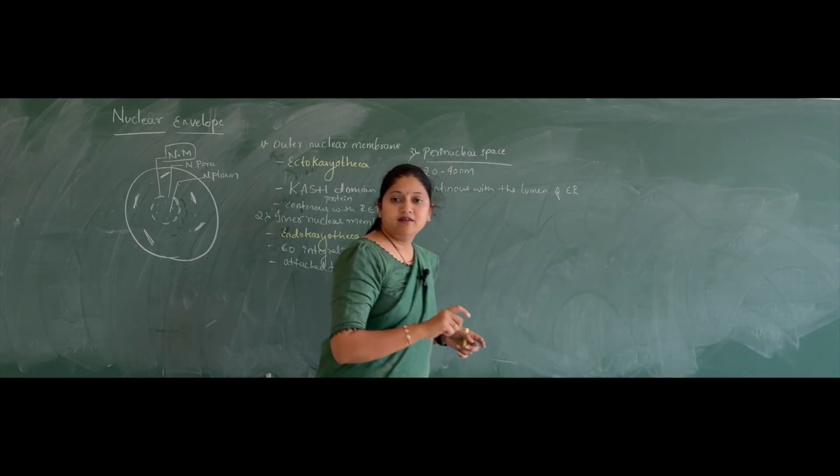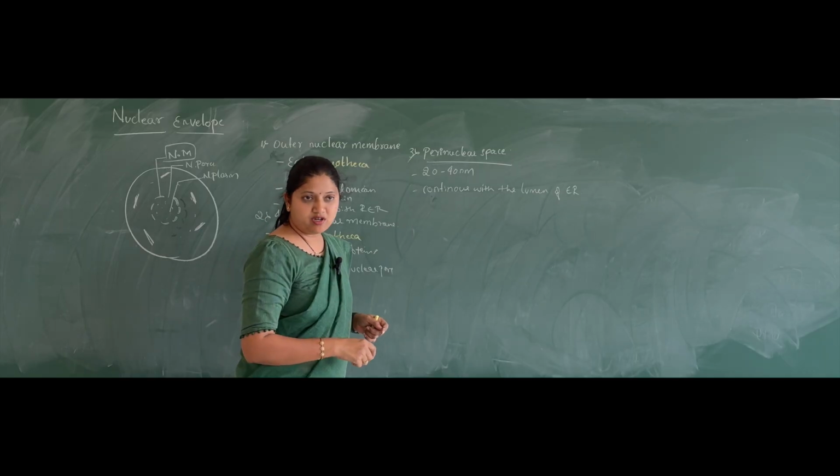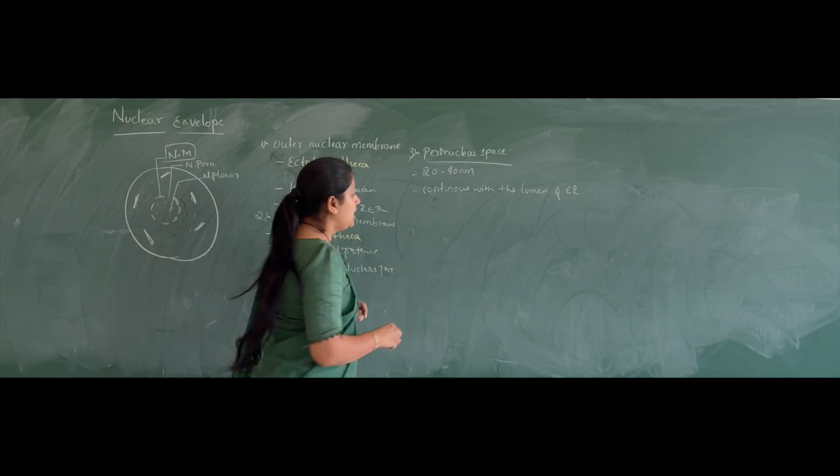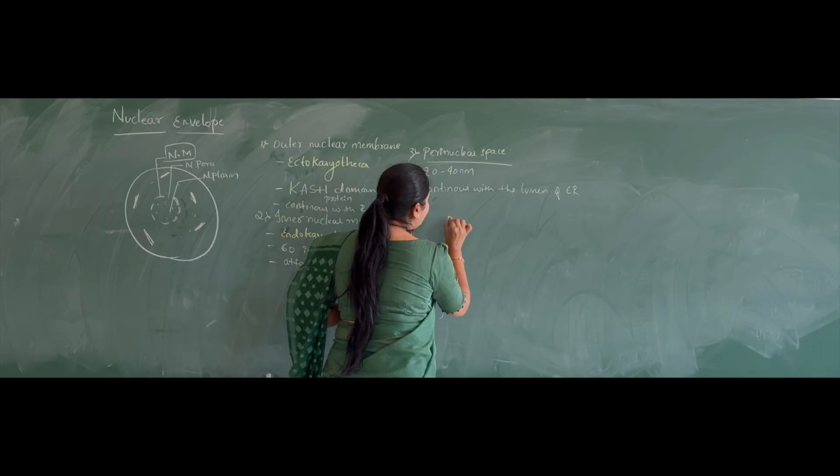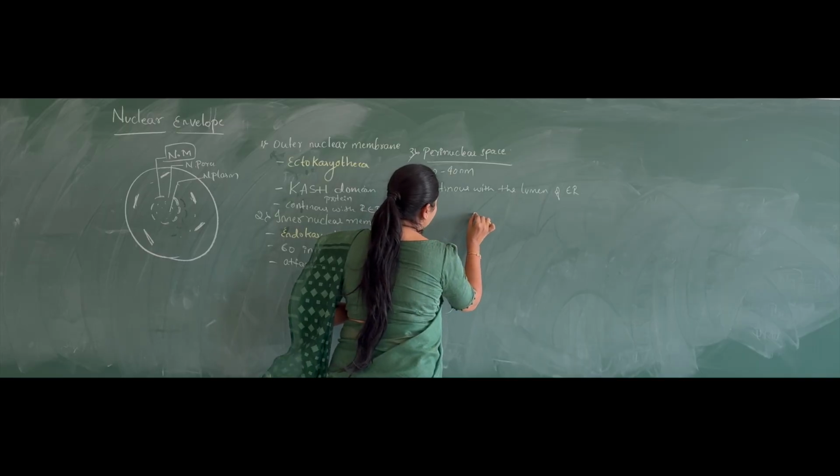Now we'll see the detailed structure of the nuclear membrane. So let us imagine we have the outer membrane here like this.